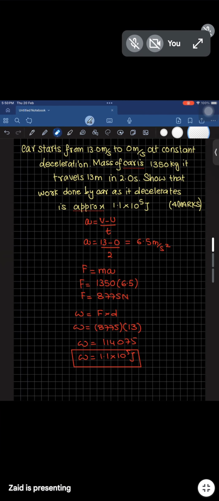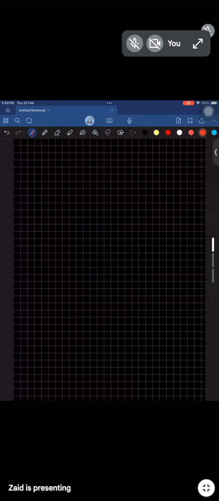Electricity is transmitted at high voltage. Explain why high voltage increases efficiency even with thinner wires. Let me write down this question. This is another 3 mark question. Electricity transmitted at high voltage.